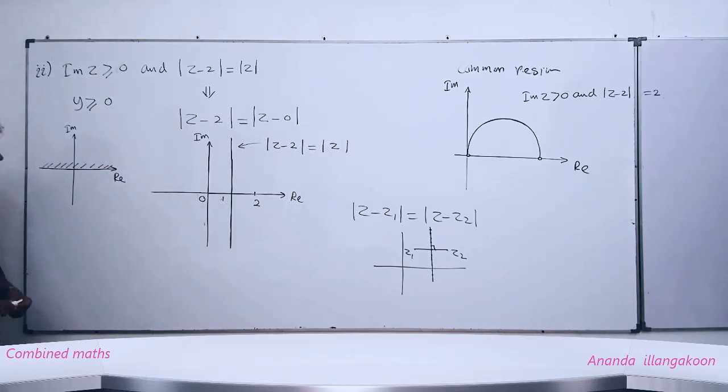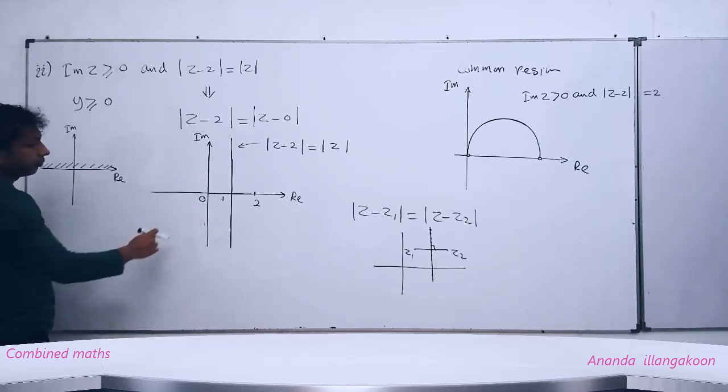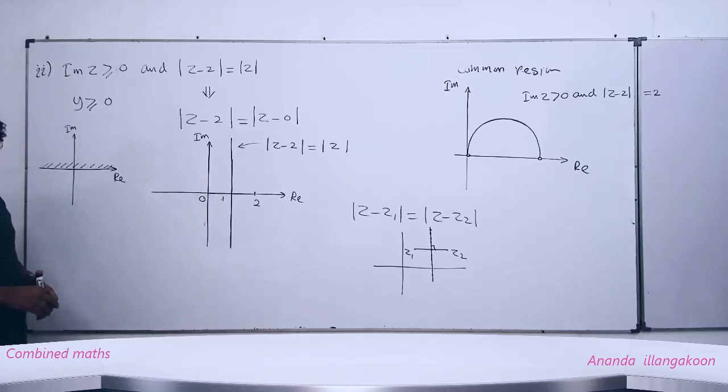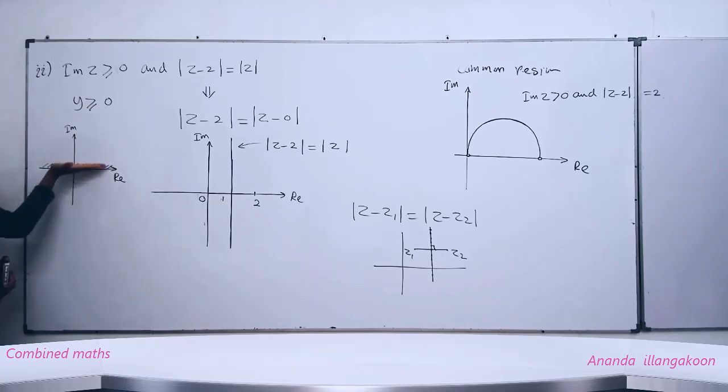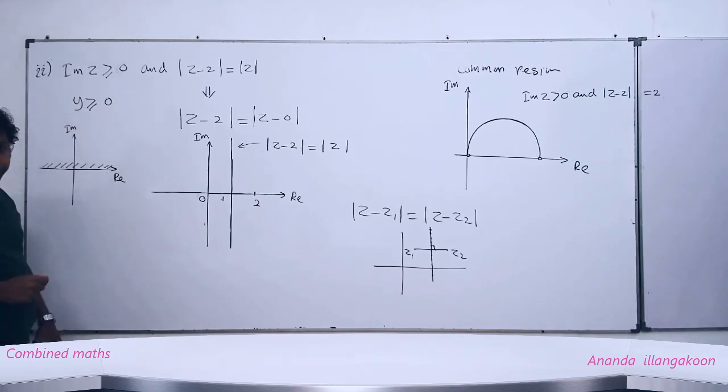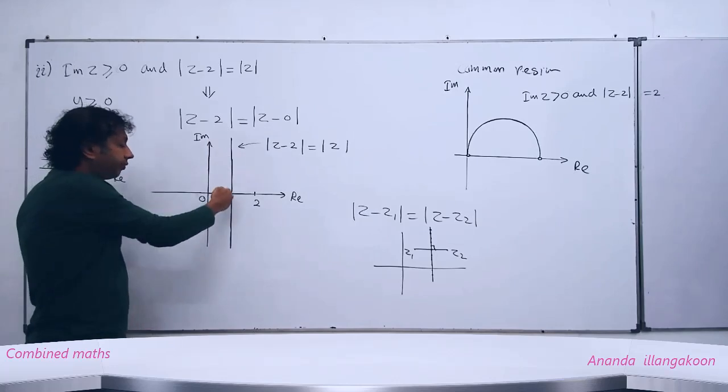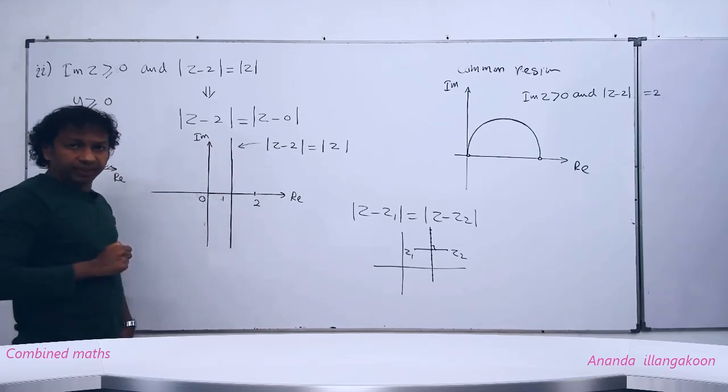Then people, tell me, what is the common region for both? The required region should be on the real axis and above, and the required region should be on this line. Understand?